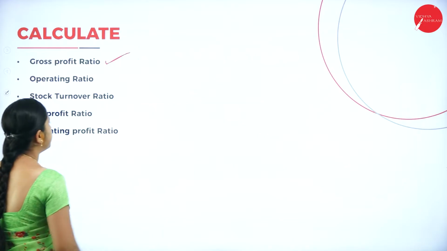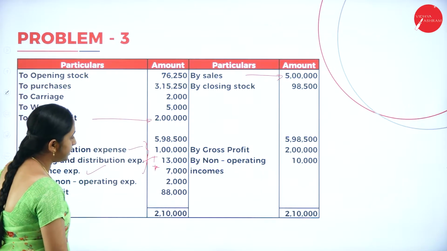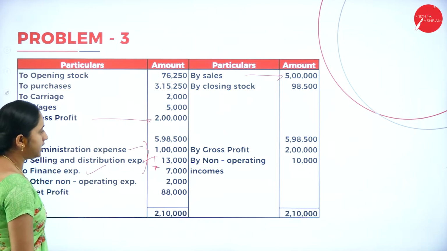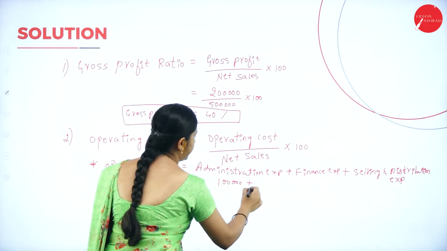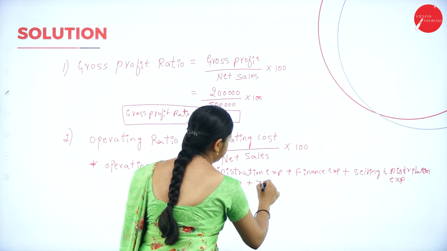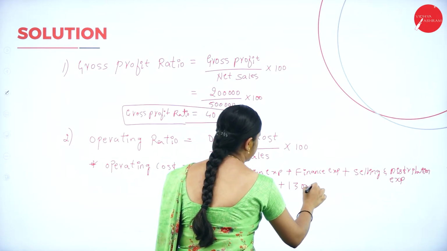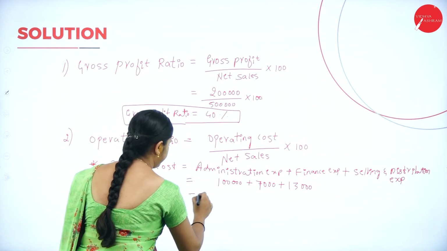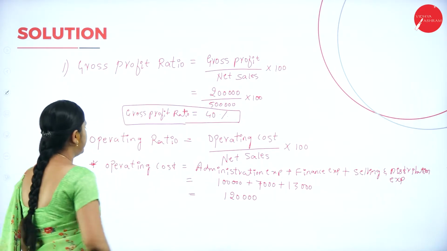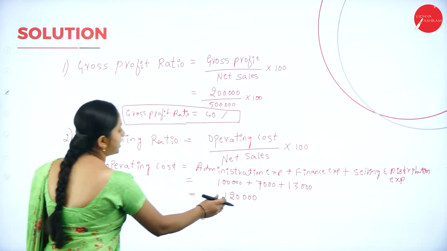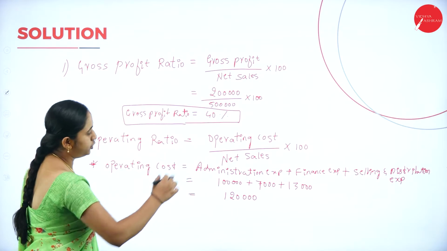In this problem, administration expense is 1 lakh, finance expense 7,000, selling and distribution expense 13,000. So 1 lakh plus 7,000 plus 13,000, total 1,20,000. So now we have the operating cost. 1,20,000 is operating cost divided by net sales. Net sales is 5 lakh into 100.